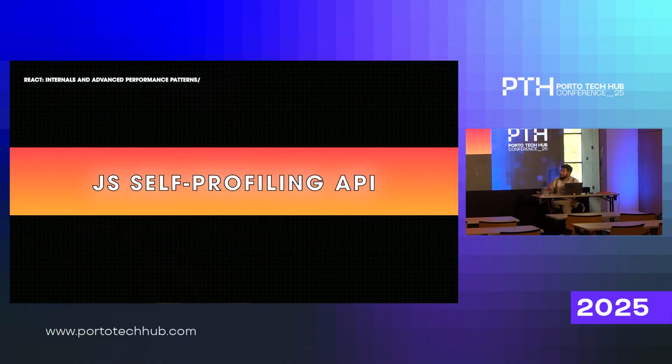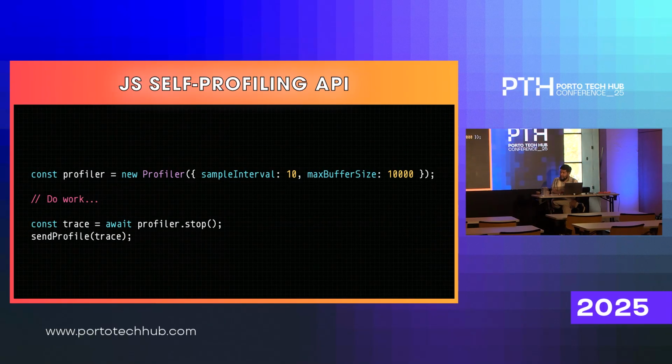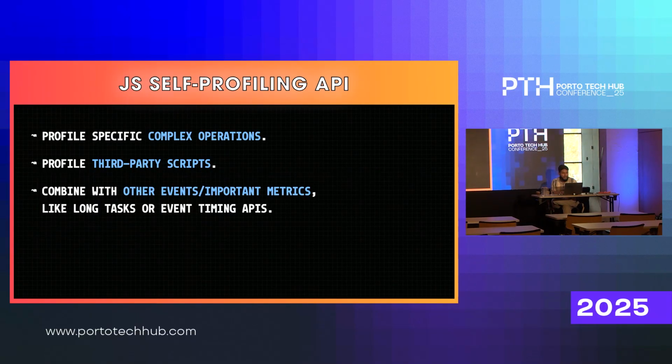This one is less popular. It's called the JS Self-Profiling API. It's not part of the performance observer. It's got this Profiler constructor that takes some config, like the interval for taking snapshots and the buffer size. And the way it works is it gives you a trace after you call profiler.stop, and you can, again, send that to your RUM solution or something like that.